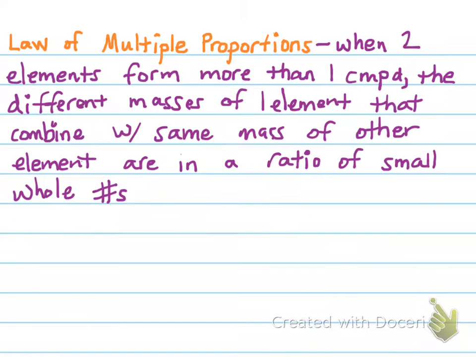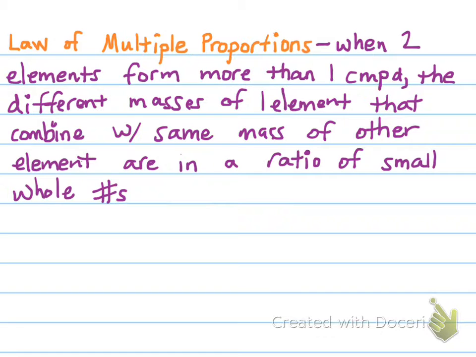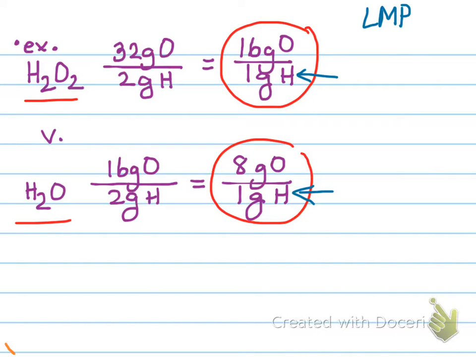So that was the law of multiple proportions. Notice I have the same amount of hydrogen, and that's what it's talking about here. It says the same mass of the other element. So what's staying the same here is my hydrogen. What I want to look at is the ratio of 16 grams of oxygen to 8 grams of oxygen.